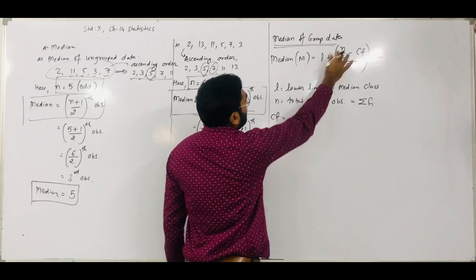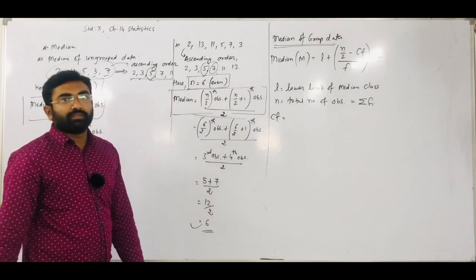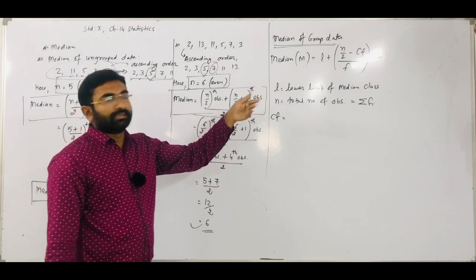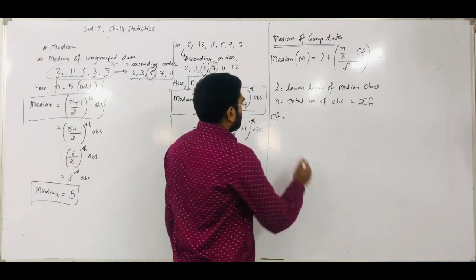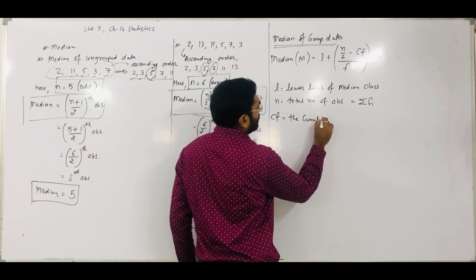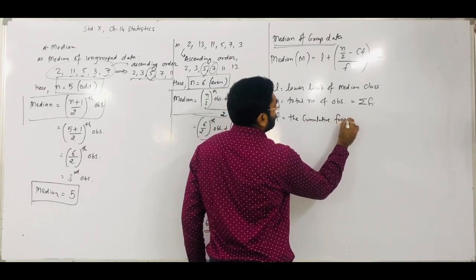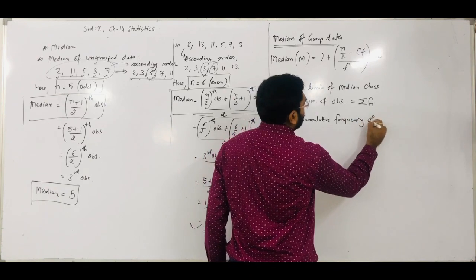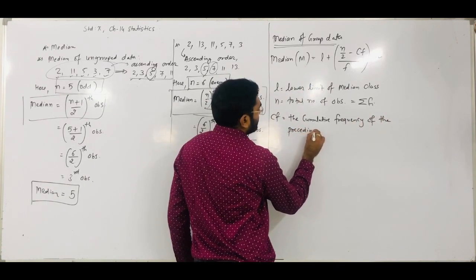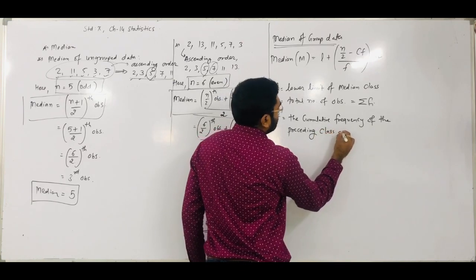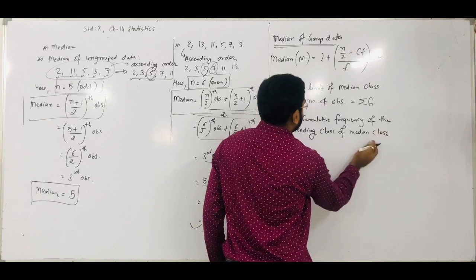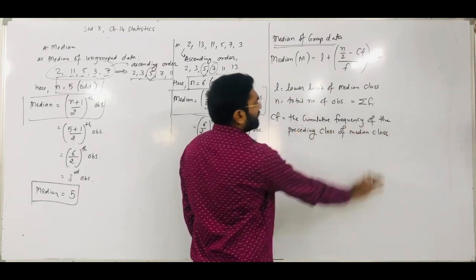CF in the formula is the cumulative frequency of the preceding class of the median class. Preceding class cumulative frequency we have to write.